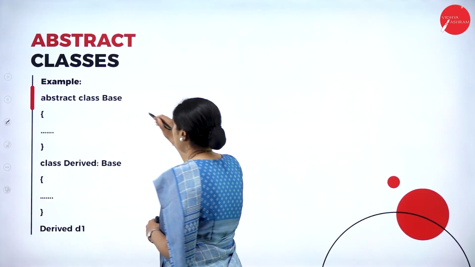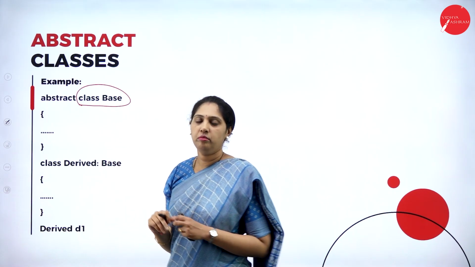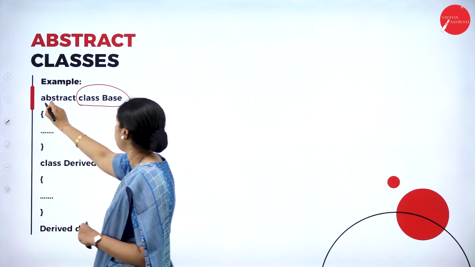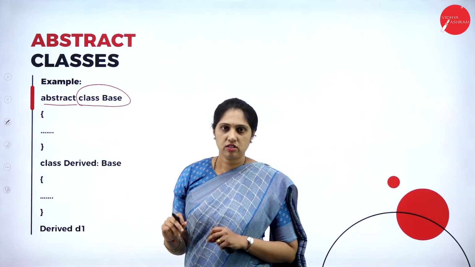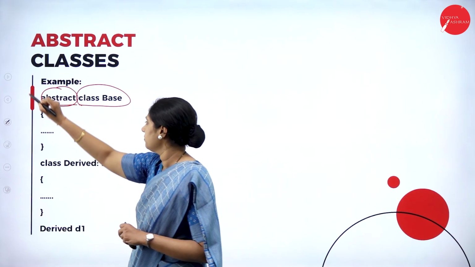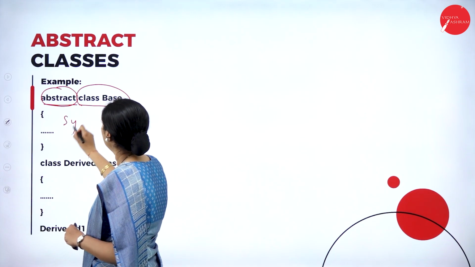So this is the syntax. See, if I write only this class and base, it is just a class. If I want to write abstract, then I should use the keyword abstract will denote it is an abstract class. Then what is the syntax of it?